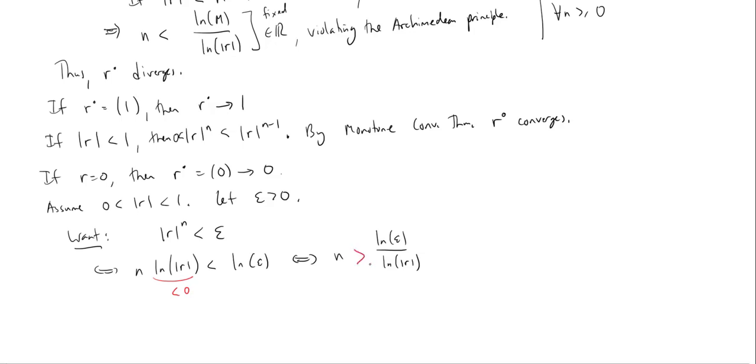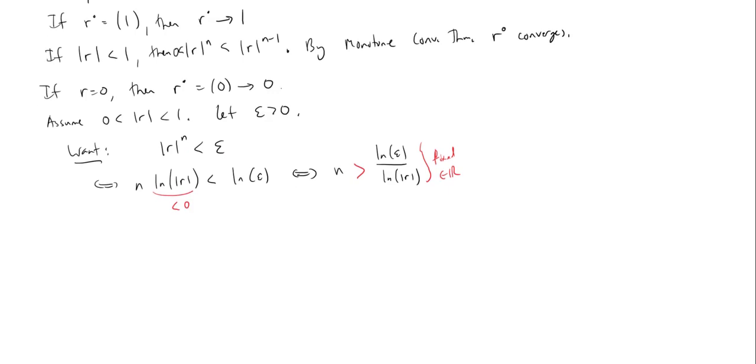So this becomes a greater than. What this tells me is that all I have to do is make my n greater than whatever this fixed real number is. And if I do that, then the terms in the geometric series will be less than epsilon in absolute value. So that's the scratch work here.